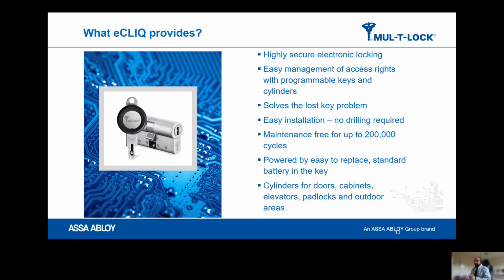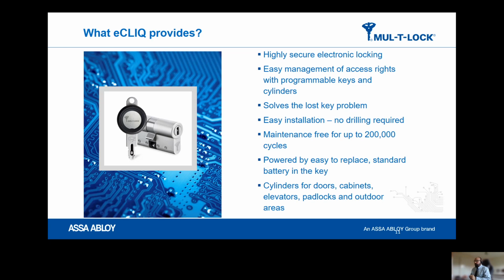Easy installation. Again, there's no drilling required, no wiring involved. All you're doing, converting a mechanical door to access control, is just taking the cylinder screw out, taking the mechanical cylinder out, and putting this eCLIQ cylinder in. And straight away, from a mechanical door, that converts to an access control door, where you can delete keys and check audit trails using the software.